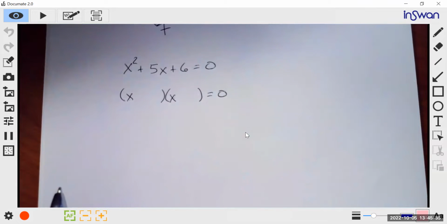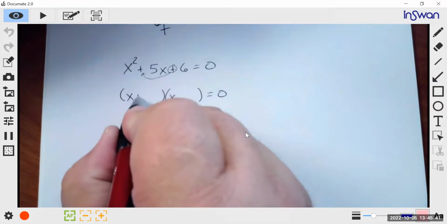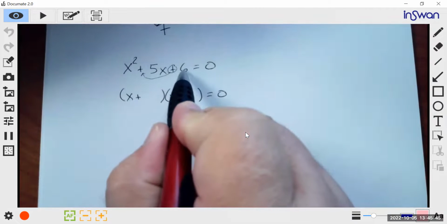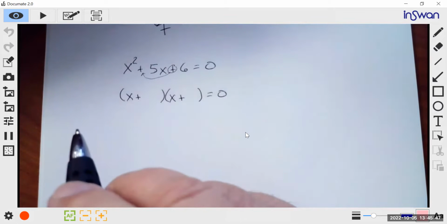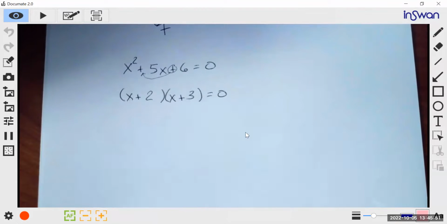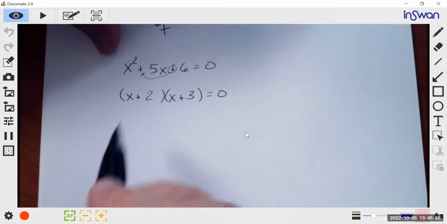What do the signs tell us? Yeah, they're both going to be the same. They're both going to be plus. What times what is 6? When you add them, you get 5. 2 and 3. So there's the factors of it. Now, what do we do with both of these factors?